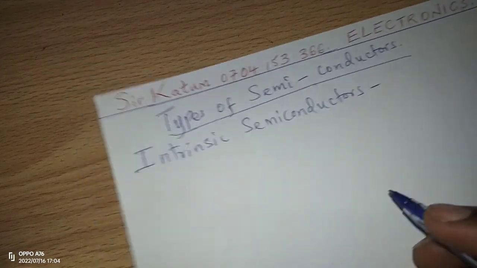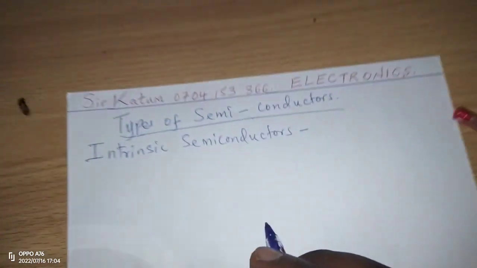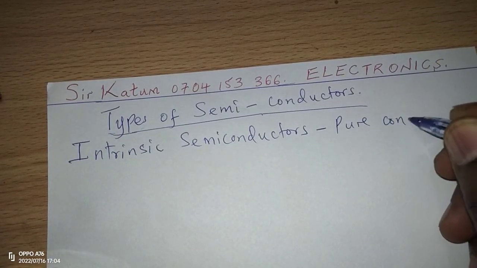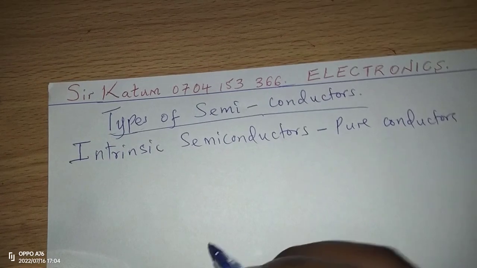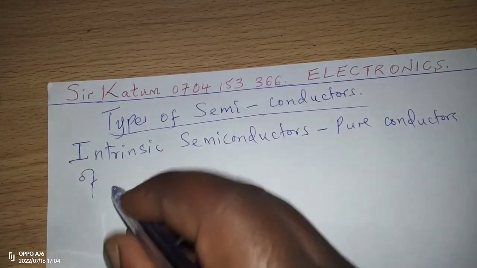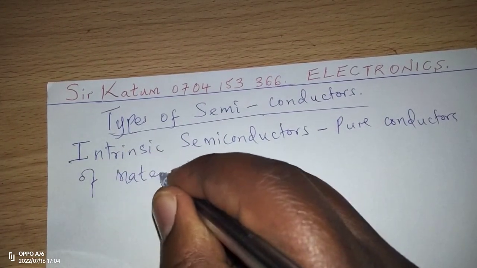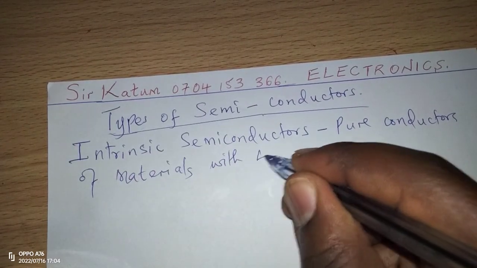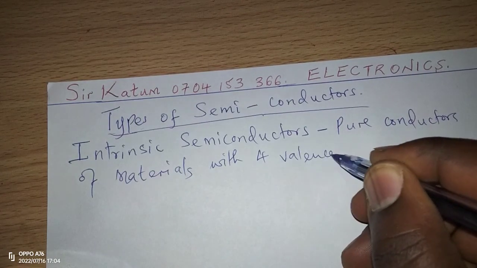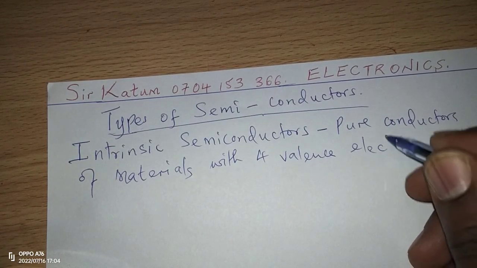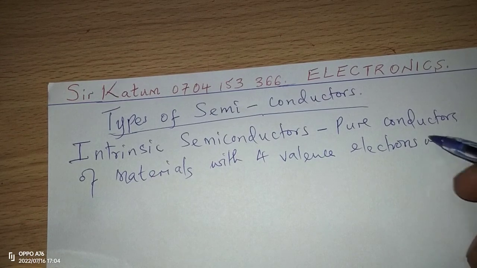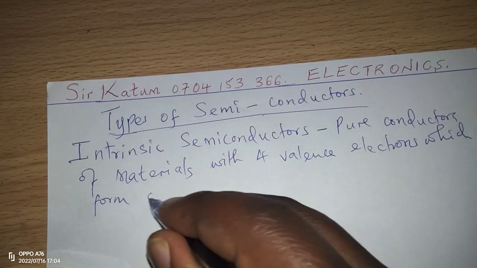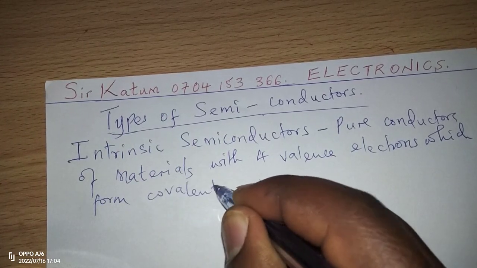These are pure materials of the group 4 elements. These are pure materials with 4 valence electrons, which form covalent bonds.